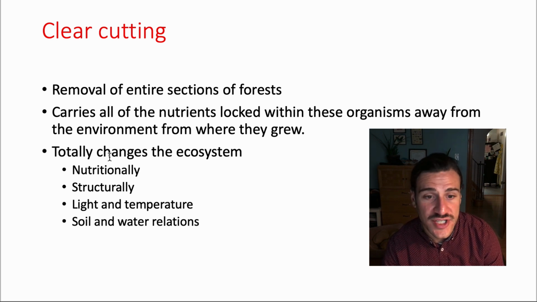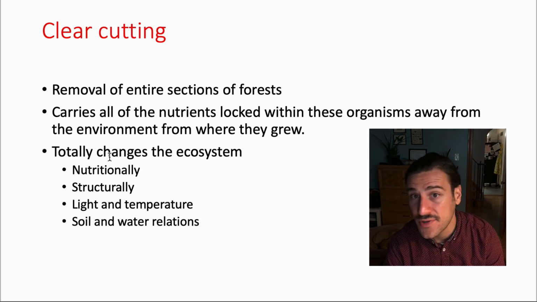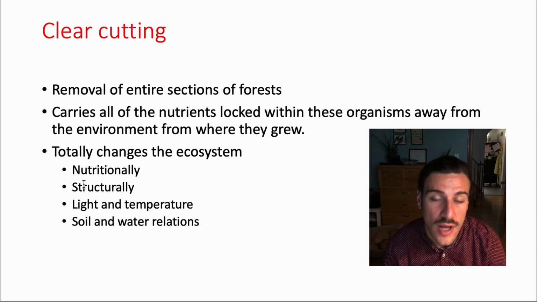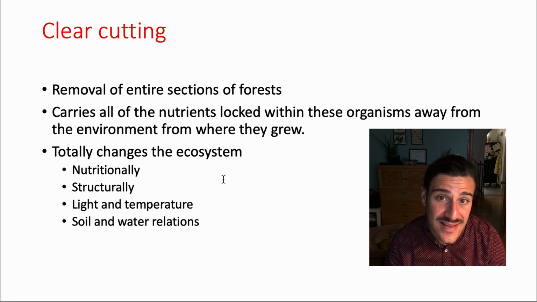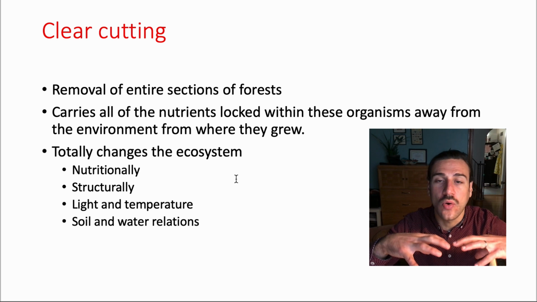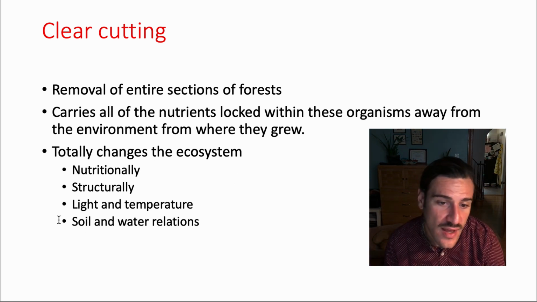So this totally changes the ecosystem. You strip the ecosystem of nutrients, and it has less structure, so you're going to have more mudslides and landslides because there are no roots holding the land together.